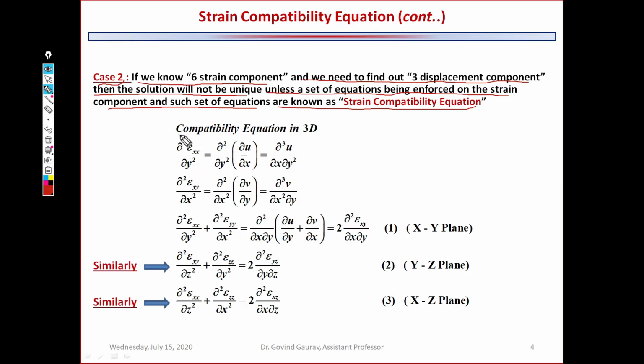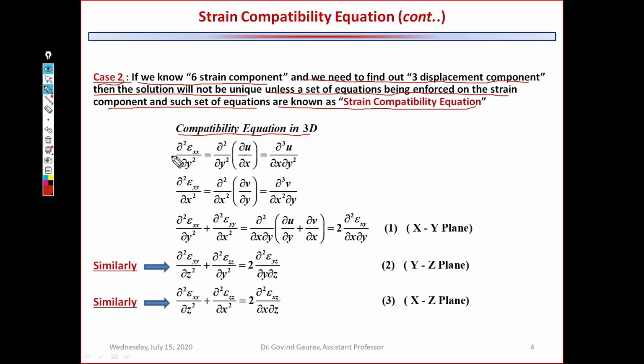The strain compatibility equations are the relationship between the strains acting in the x, y, and z directions and the corresponding shear strains acting on a particular plane, one by one. So first of all, we will derive an expression for the strain compatibility equation in the xy plane.